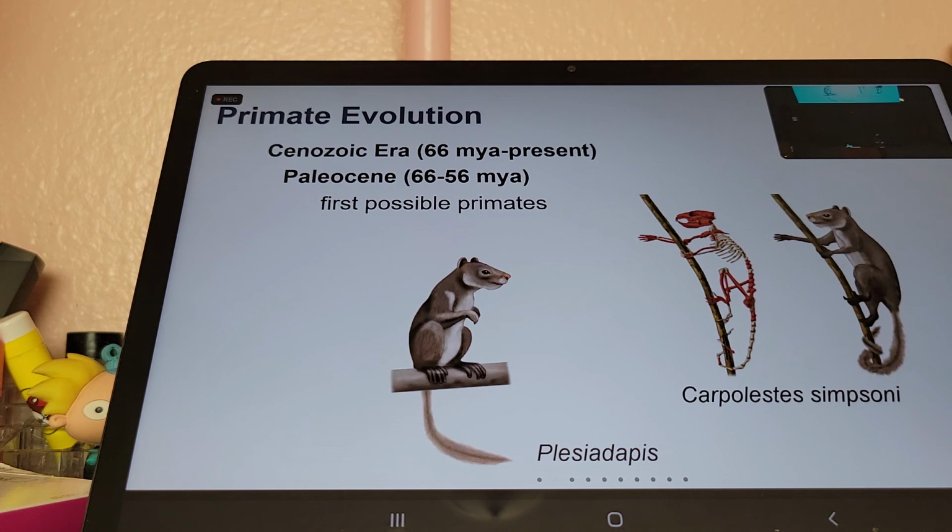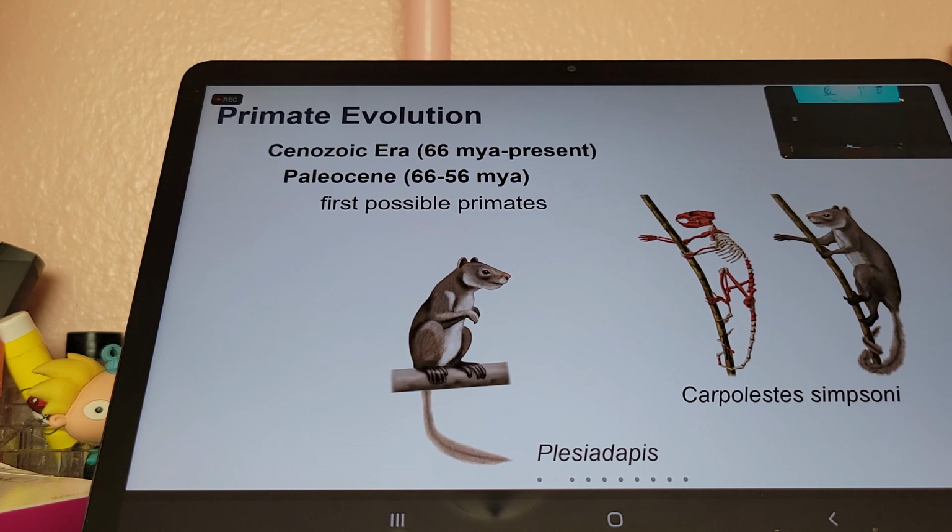The Paleocene is about 10 million years long, 66 to 56 million years ago. This is where we see the first possible primates. The reason they get called possible primates is that it's becoming more and more likely that they are at least the last common ancestor before the split with mammals, or true primates, still something that's debated.